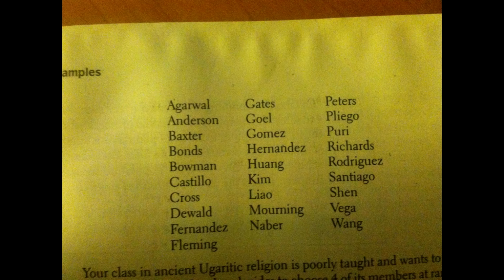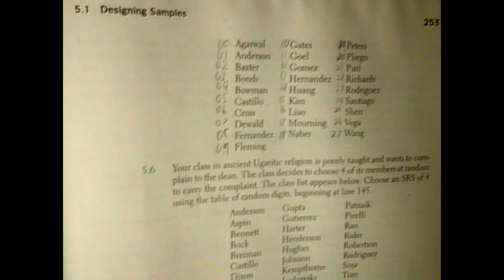So now what we need, let me grab this out of my backpack, is the random numbers table real quick, just so you can see. I'll flip back to here. That's the same page, that's just how I've numbered it now. So each name is assigned a number, and forgive me for writing inside my textbook. Now we need this random digits table.